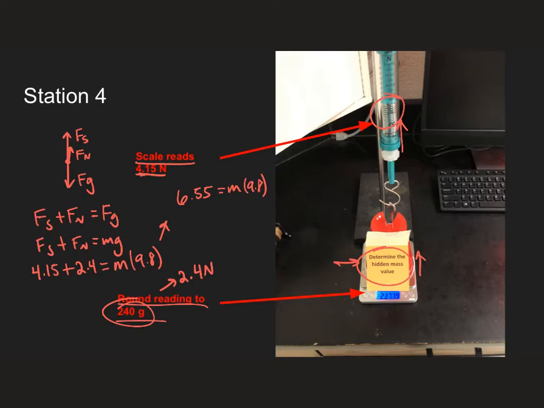So whatever 6.55 divided by 9.8 is, should be my mass, and that gives me a mass of 0.668 kilograms, which turns out to be 668 grams. So if I were to take this cup away and count up the mass by what it's labeled, it should be somewhere very close or very similar to 668 grams.